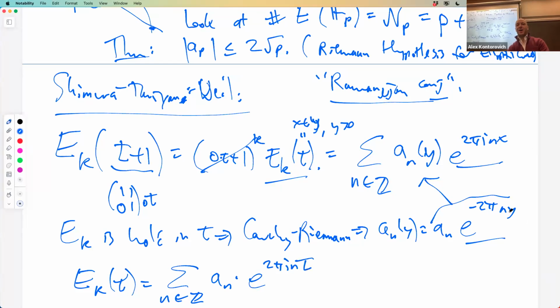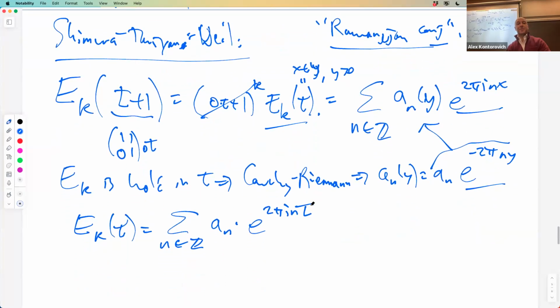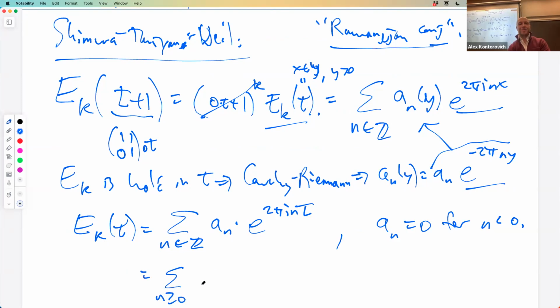Tau is x plus iy, and these two things added together come exactly into tau. Now tau is in the upper half plane, and so we've seen this before. a_n actually has to be 0 for n negative.